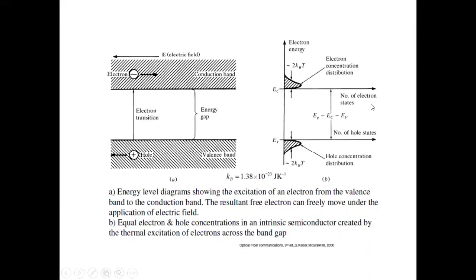Now, we also need an idea about the equal electron and hole concentration in an intrinsic semiconductor. If we think about the electron density, you can see that the hole concentration distribution and the electron concentration distribution are equal. And this Eg is the band gap. We're talking a lot about the conduction band, valence band, and band gap, so it's good to have an understanding.